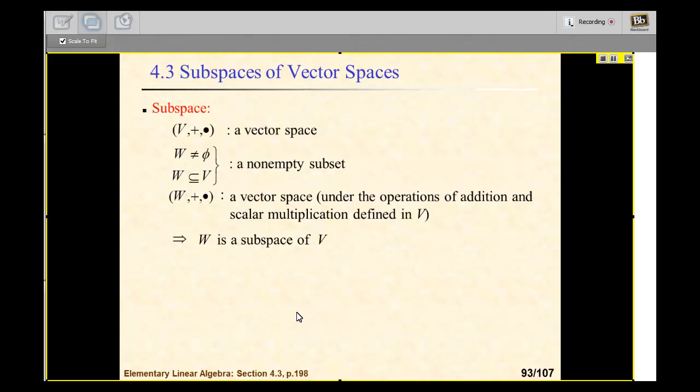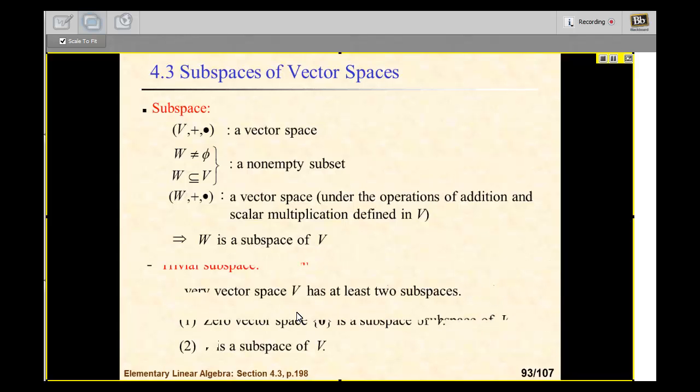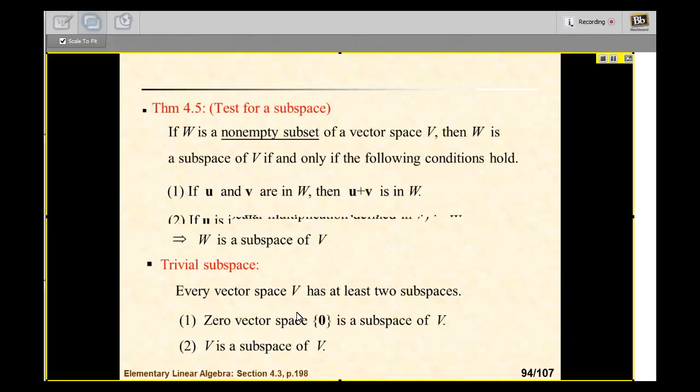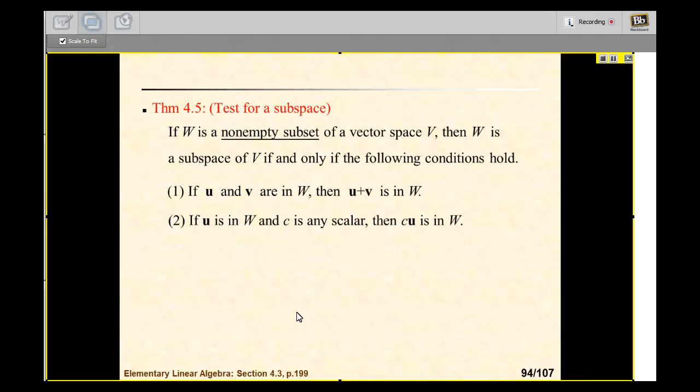So W is a subspace of V. To check whether it is a subspace or not, we have to check only two properties: first, u plus v is in W, and second, if u is in W and c is a scalar, then cu is in W. If these two properties hold, then we say that it is a subspace.